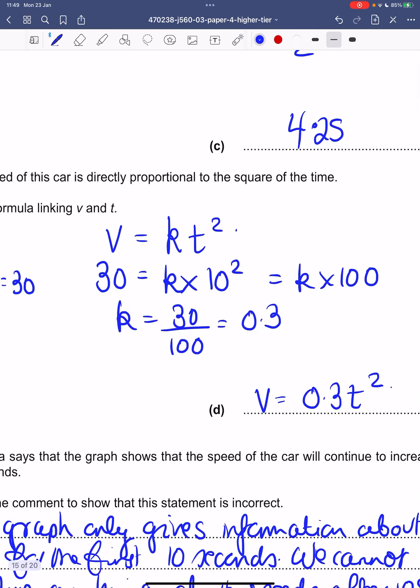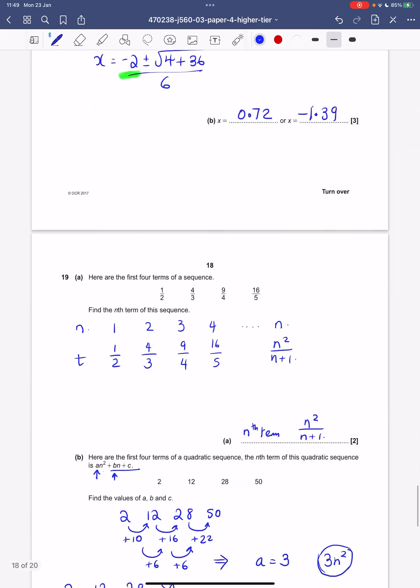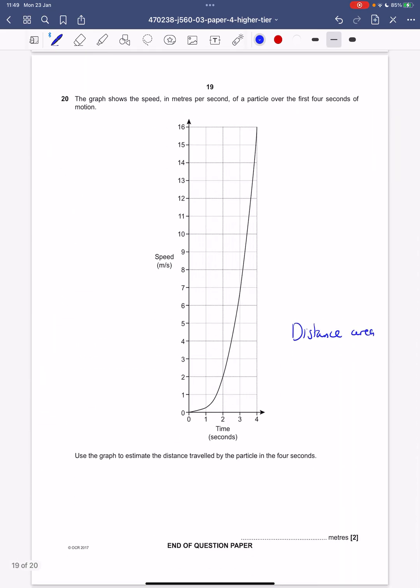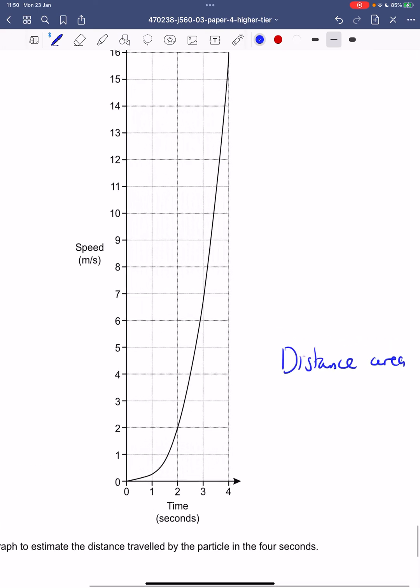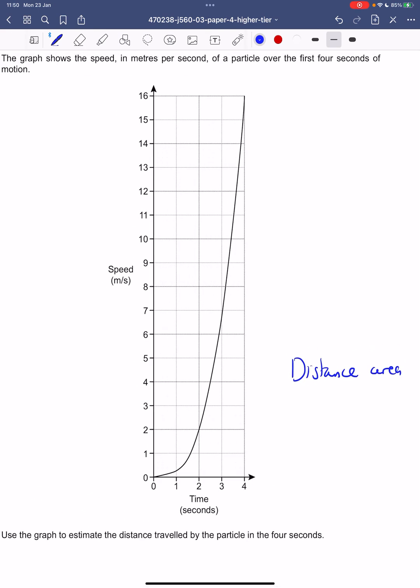I feel like I need to make a triangle here. Look, it's an estimate. There's a triangle there. To make this into 2 trapeziums here. And this is another trapezium.